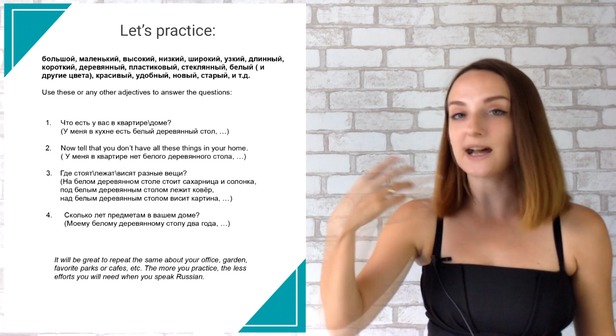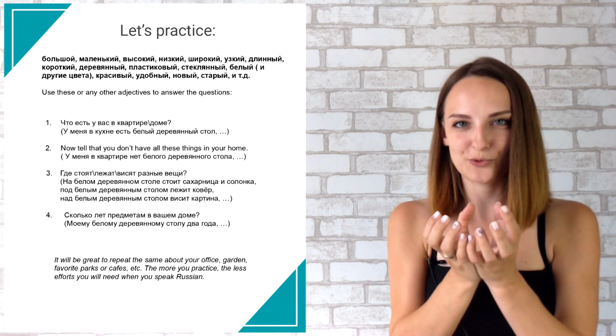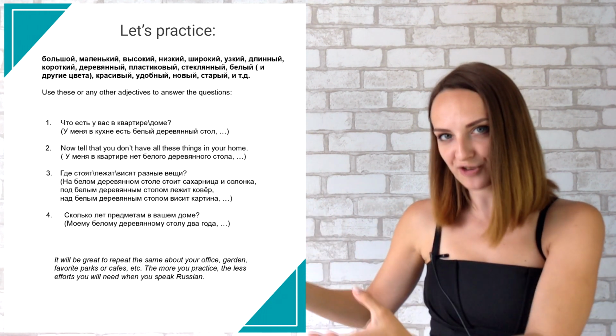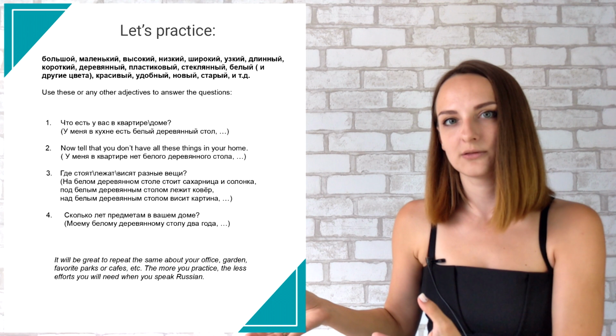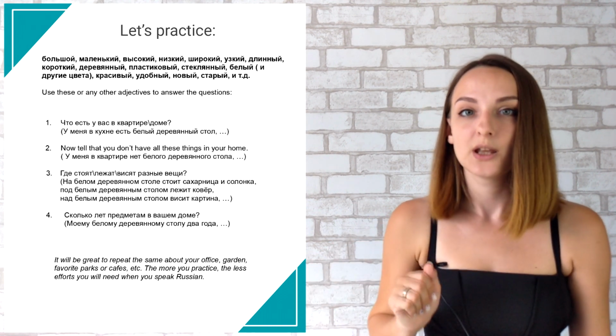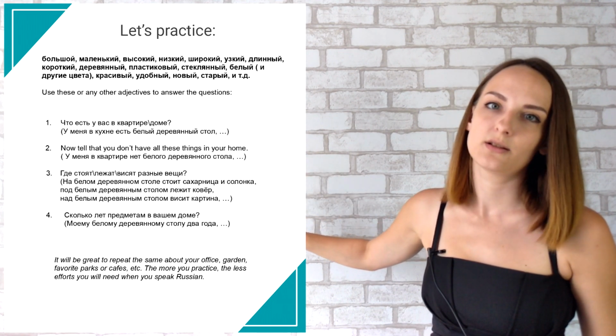For example, сахарница, this is a bottle for sugar, сахарница стоит на коричневом столе. Вот у меня сахарница стоит на коричневом столе, да? Или картина висит на белой стене.